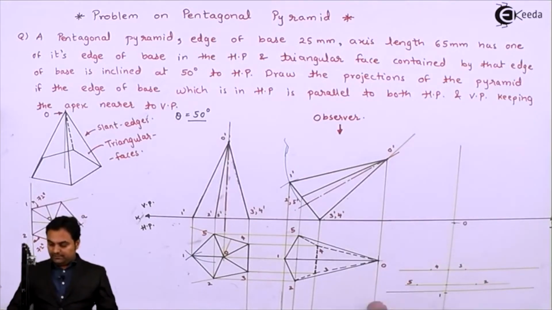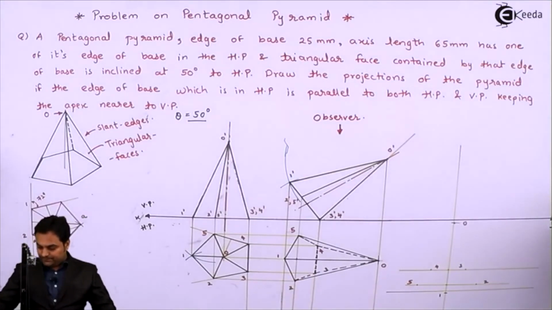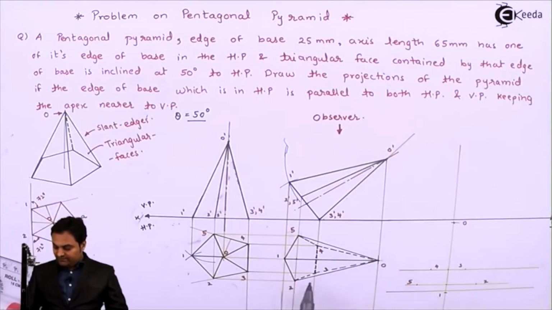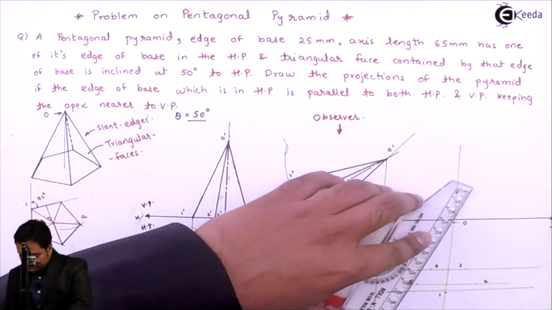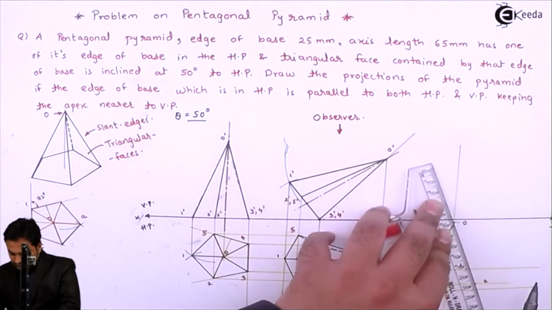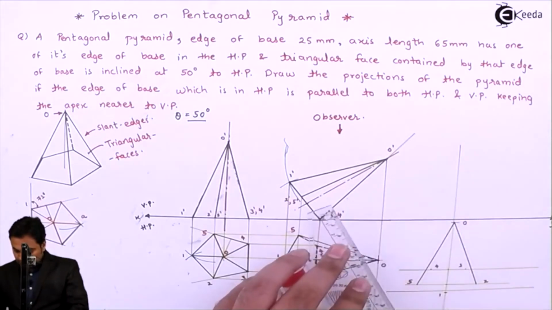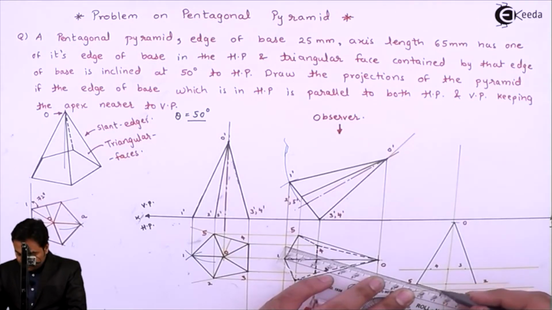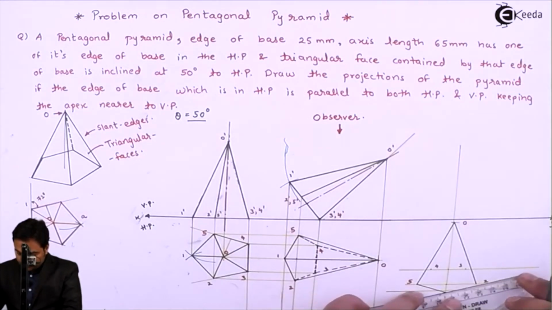So now here I'll be joining these points in order like I have joined here. So connecting O5 and O2 first, then 5 to 1 and 1 to 2.